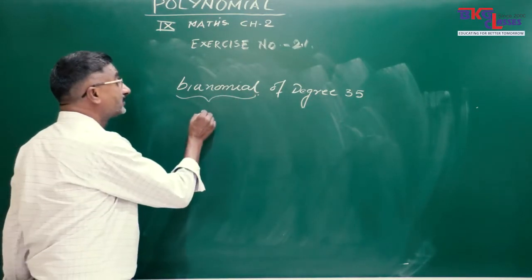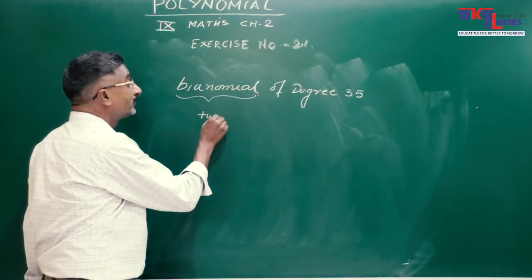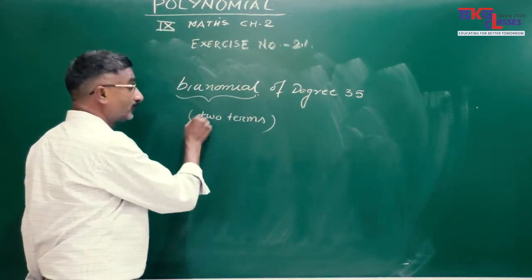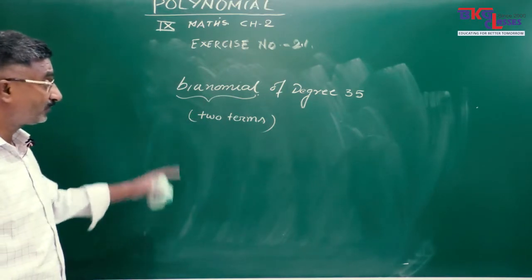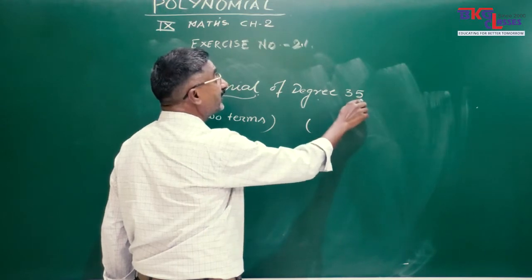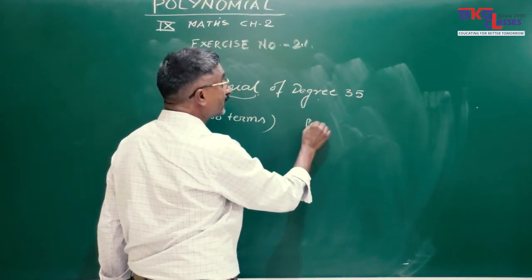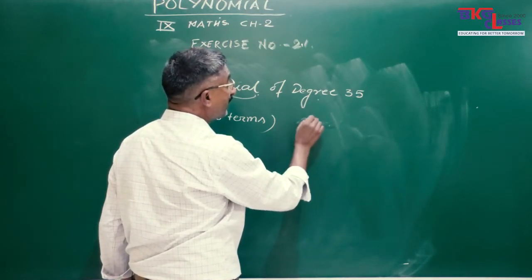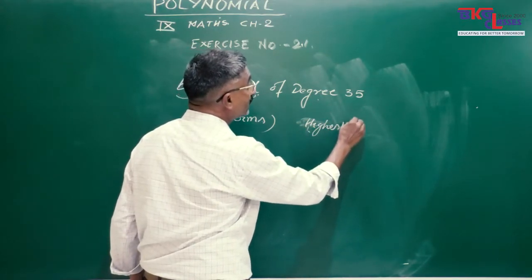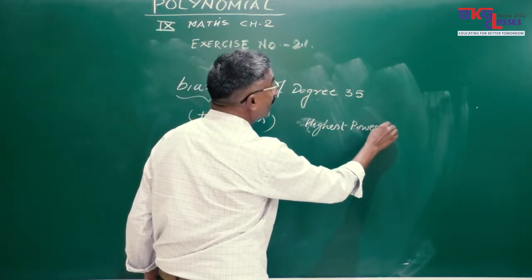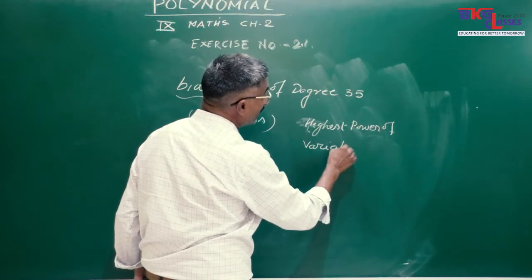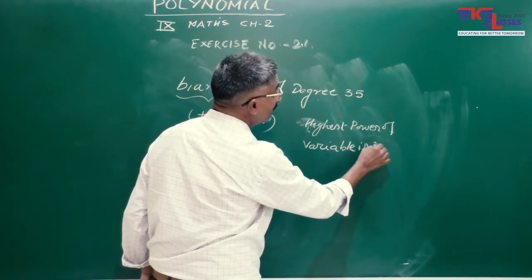Binomial means two terms. Degree 35 means highest power. Power of variable is 35.